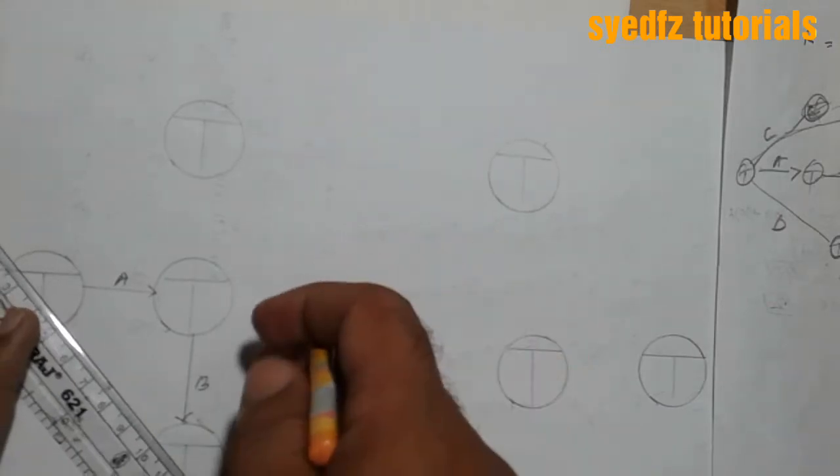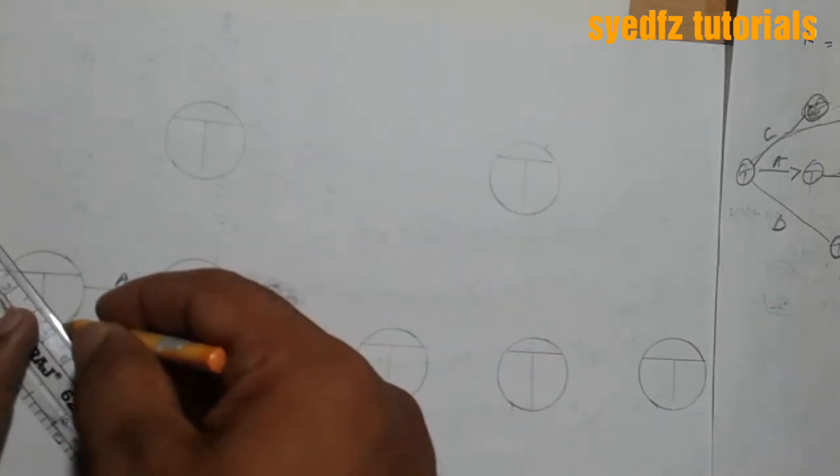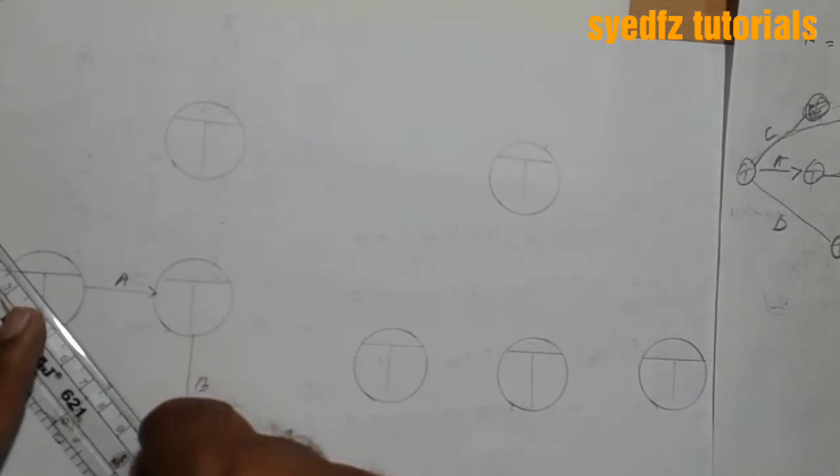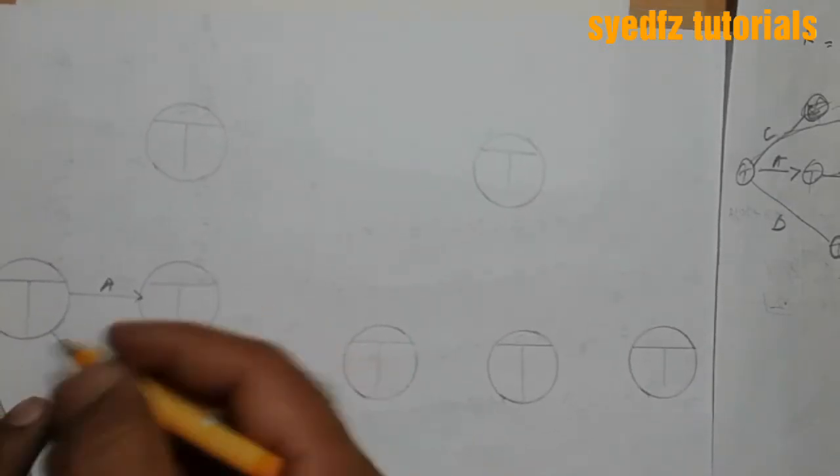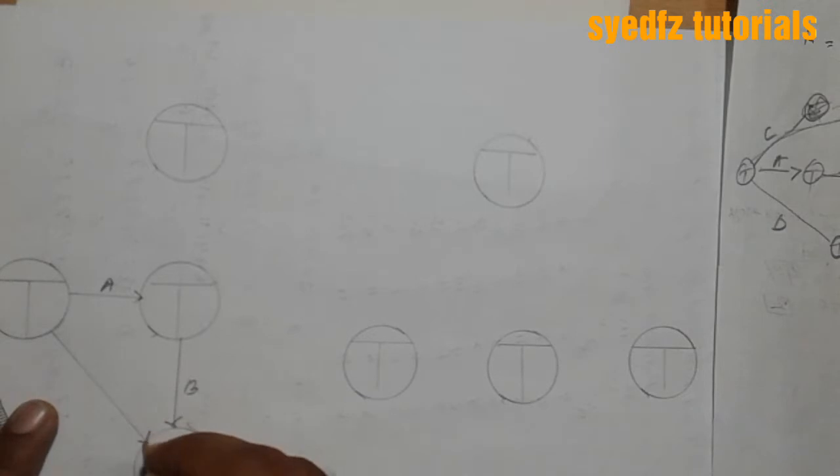I'm writing this from the working notes I have already created. So activity C happens from, sorry, from negative, not A. From negative, activity C happens.